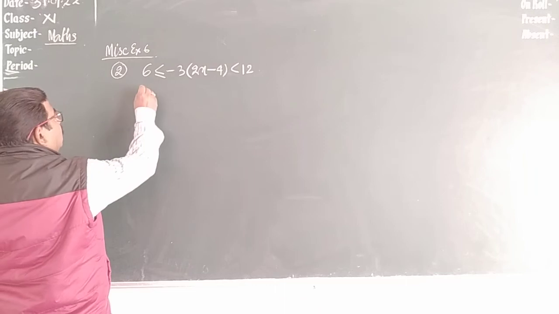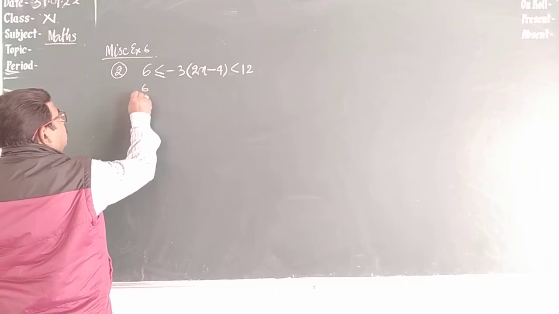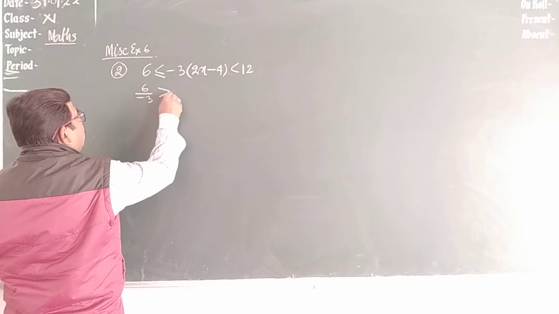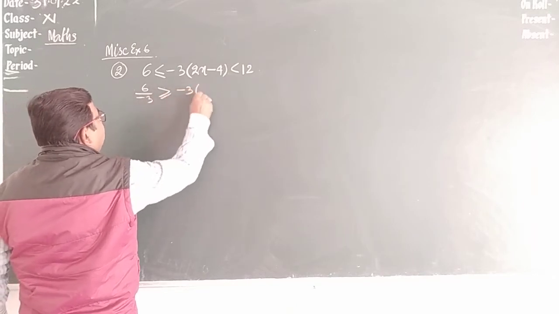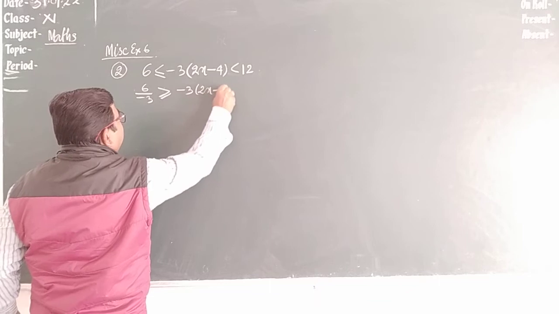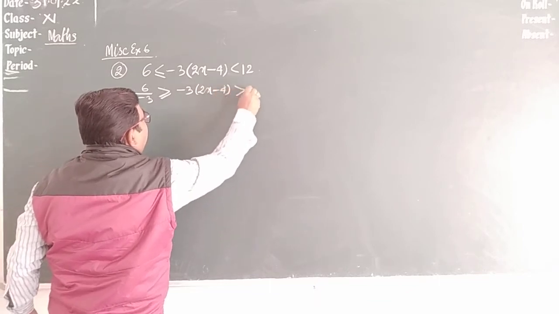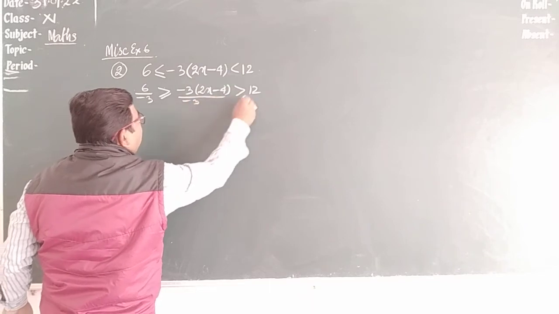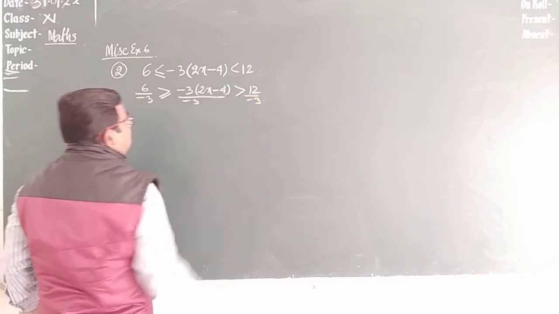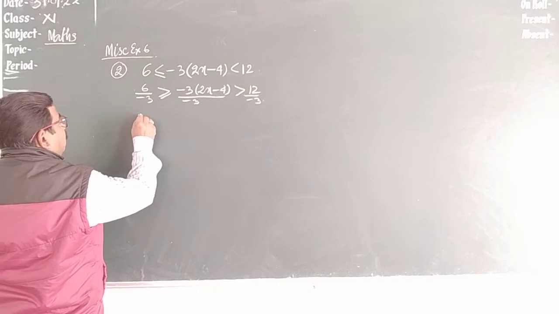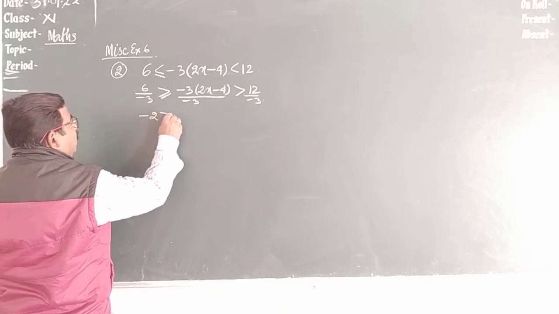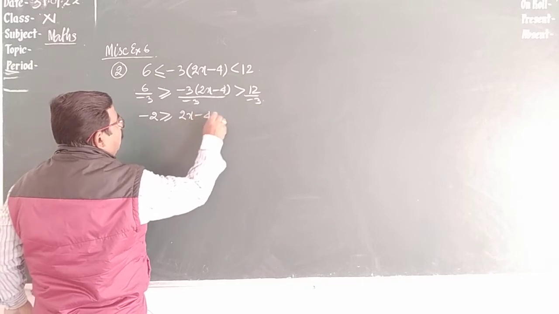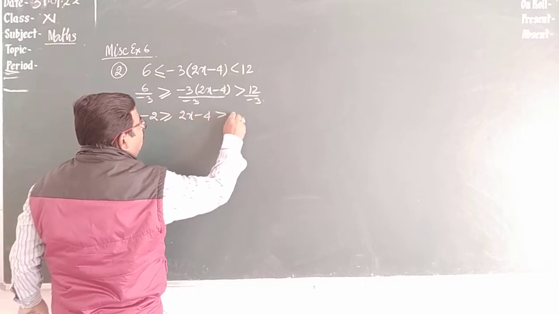See, 6 by minus 3 is more than or equal to minus 3 times of 2x minus 4 is more than or equal to 12 upon minus 3 divided by minus 3. So we have minus 2 is more than or equal to 2x minus 4 is more than or equal to minus 4.